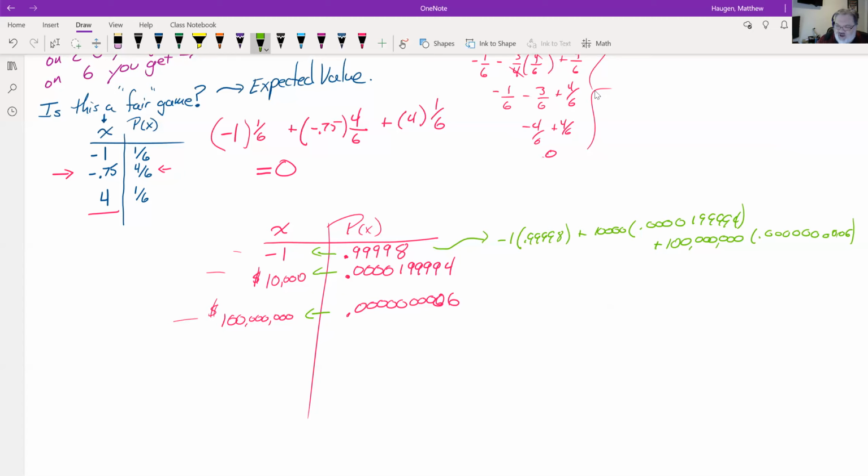If you add all those up, you'll get the expected value. How much do you expect to get back for your dollar on average in a long run of playing the lottery? So calculate that real quick.